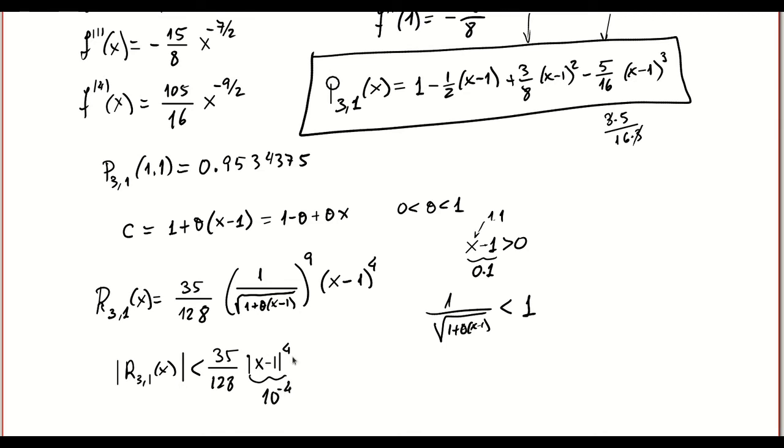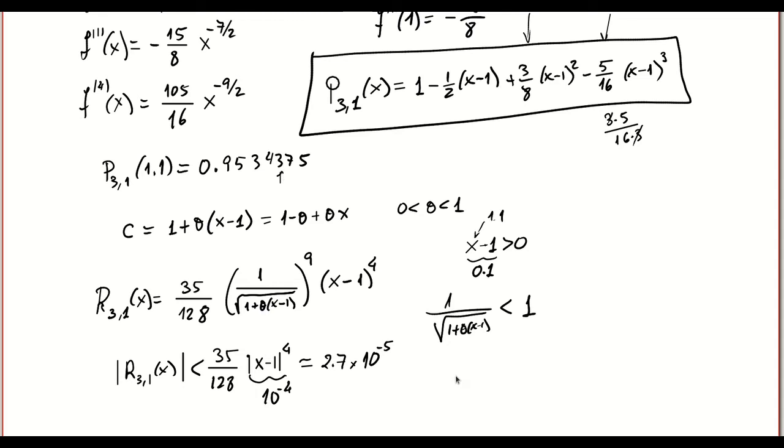So an estimation of this is just 2.7 times 10 to the minus 5, which means that the error is affecting the fifth decimal position, so this one here.